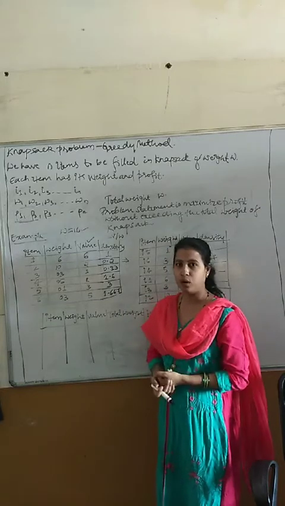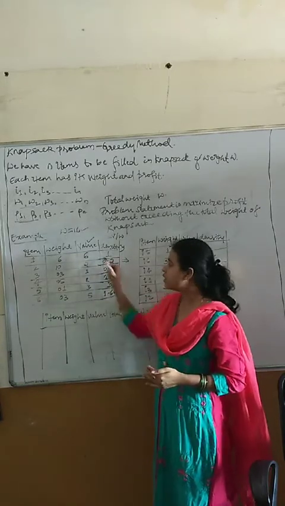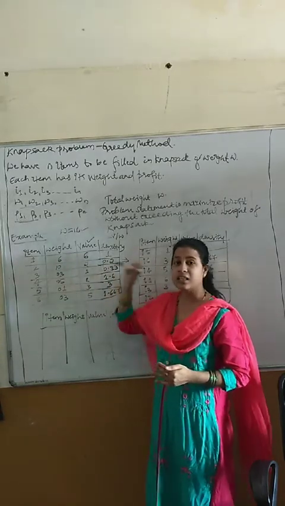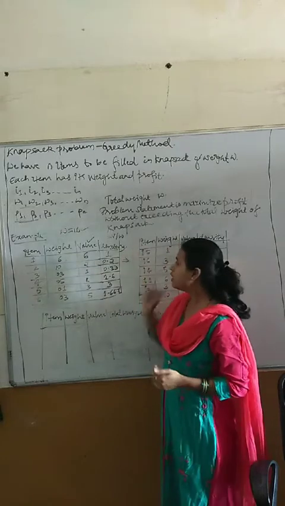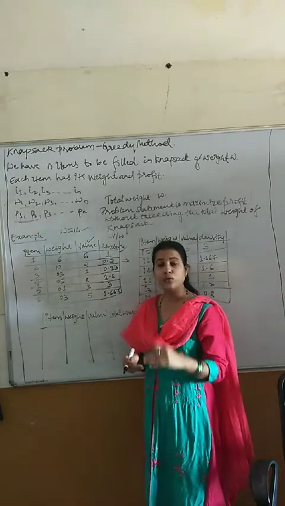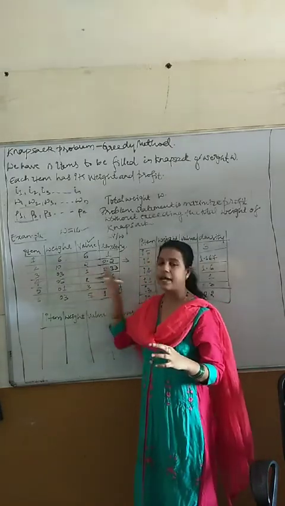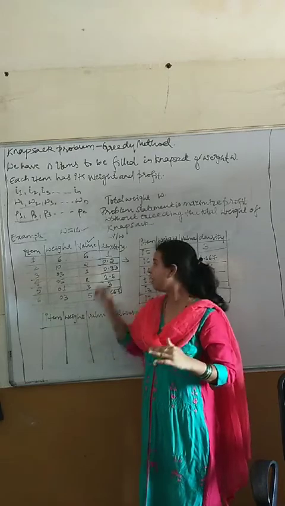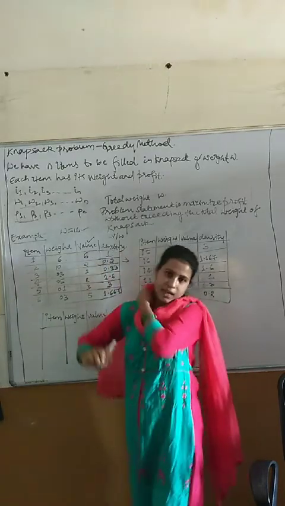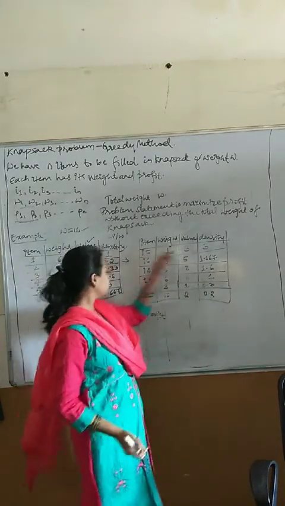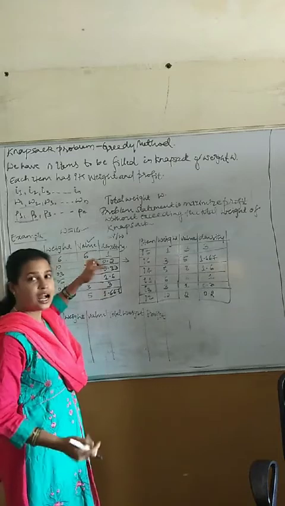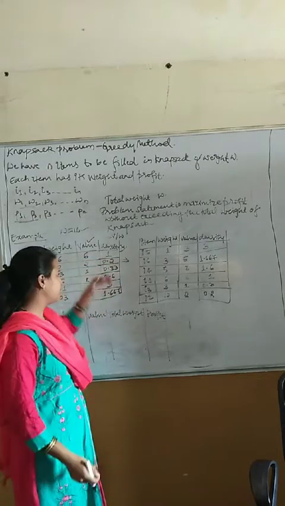Now arrange these items in the descending order of the density. You are going to arrange all these items in the descending order of the density value, which I have already done here. Descending order means highest to lowest.